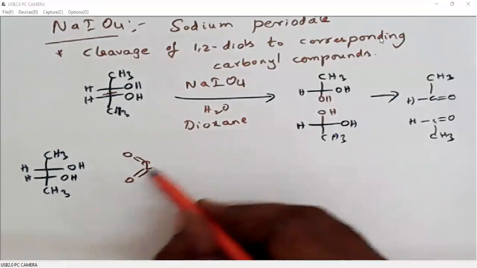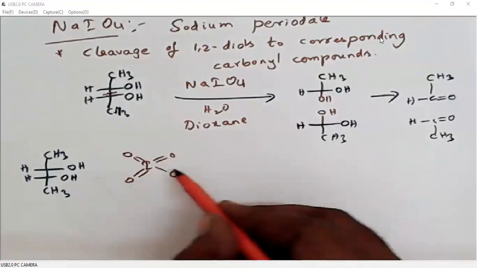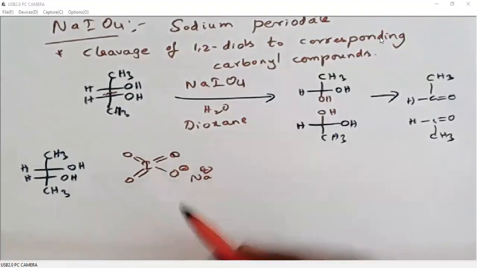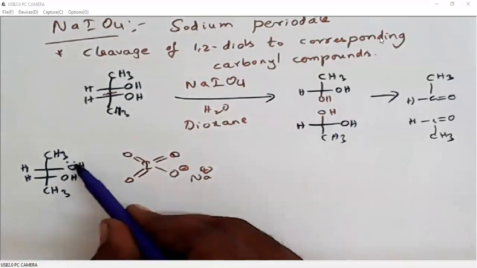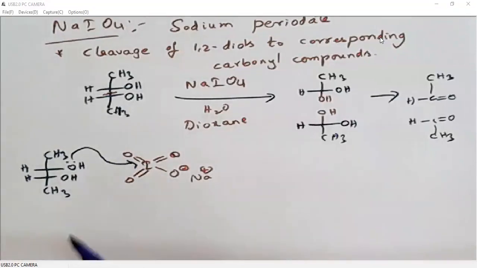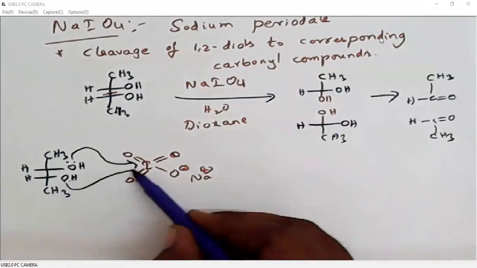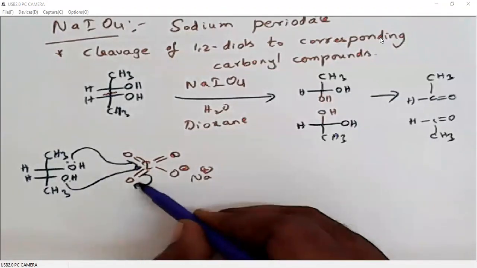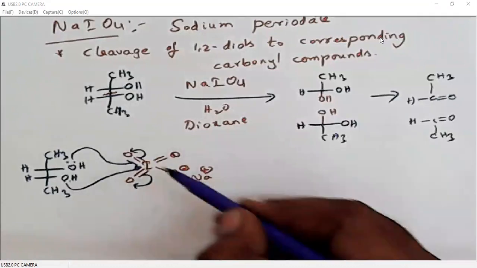Sodium periodate, NaIO4, so this is O minus Na plus. Unlike osmium tetroxide oxidations, here the lone pair will first attack on iodine. Here also the lone pair will first attack on iodine, so that it will break iodine-oxygen double bonds.